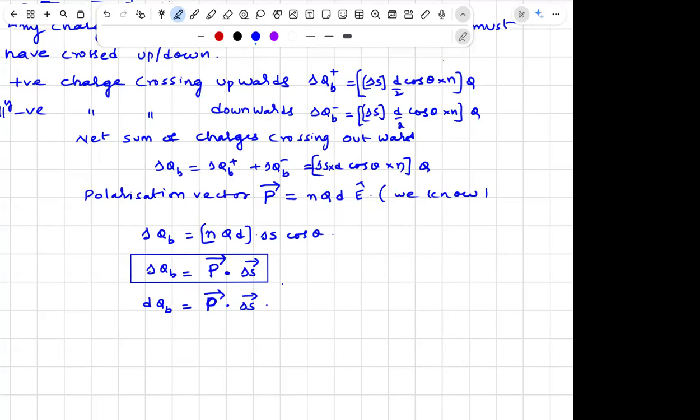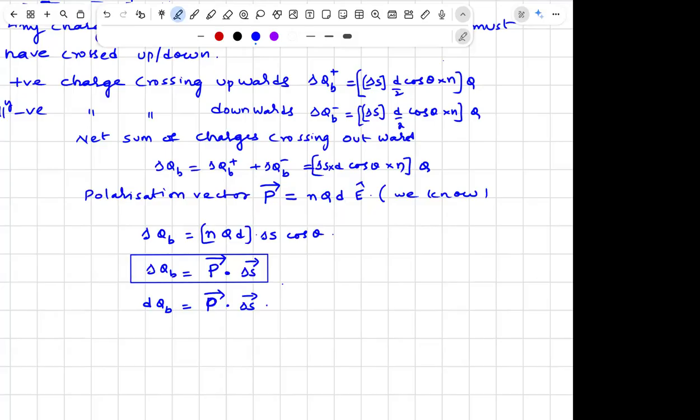If I know the polarization vector, hereafter I can give you the bound charge. You are asking why you require this relation. Now, in Gauss law, if you give me E bar at a place, I can give you the charge enclosed. The same I am going to use here.